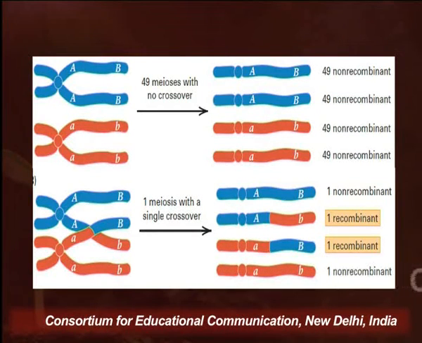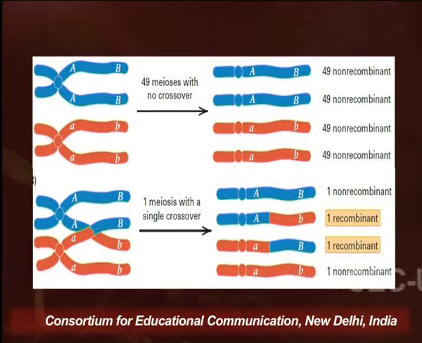Let us take another example. We are talking about 50 meiotic divisions. Now, this 50 meiotic divisions obviously would give rise to how many haploid cells? 50 into 4, which is 200. And we observe that out of these 50 meiosis, 49 meiosis do not show any crossover. So, if they are not showing any crossover, then in 49 into 4 cases, which happens to be 196, we get non-recombinants, that means the parental ones.